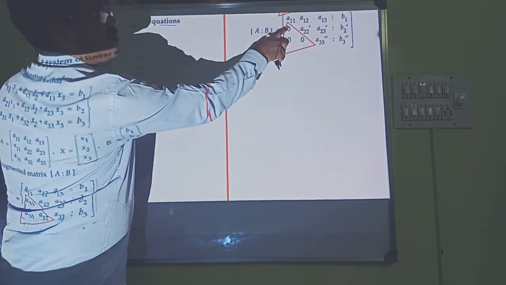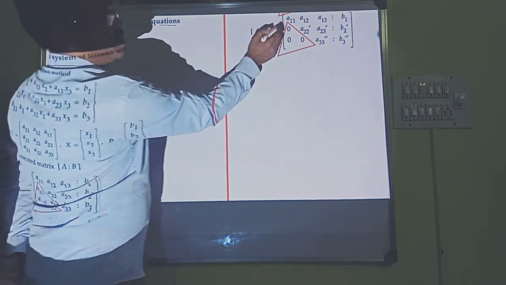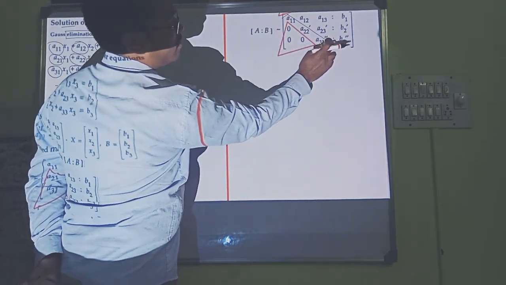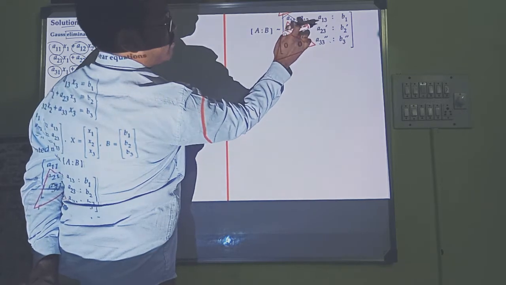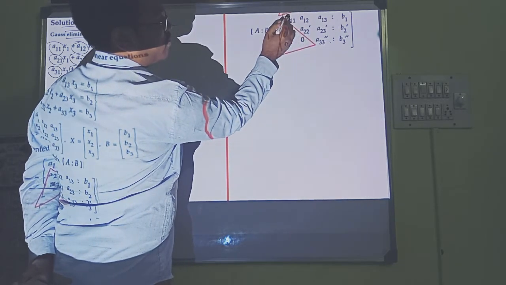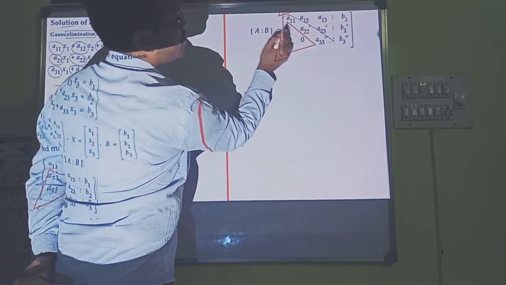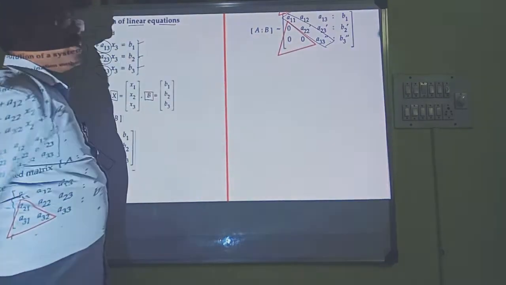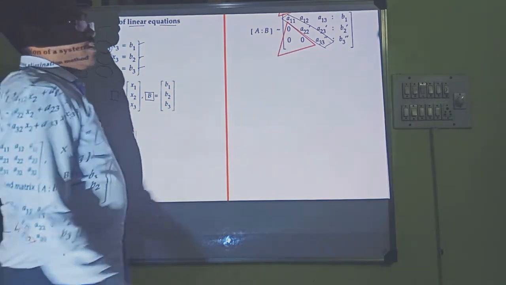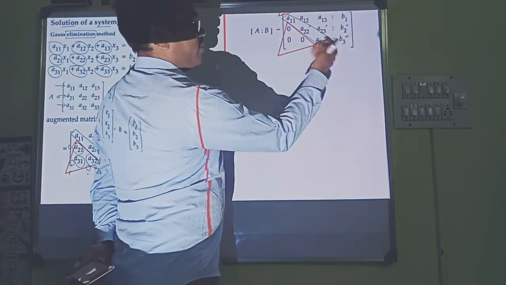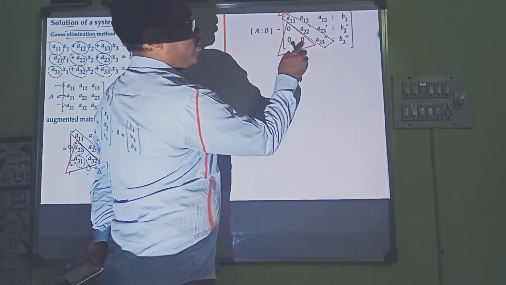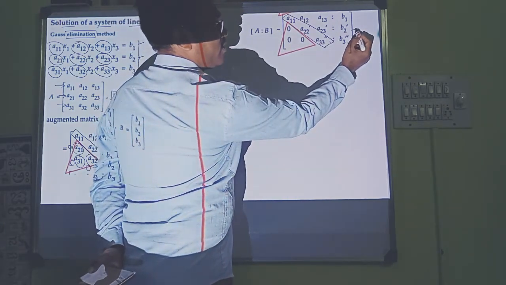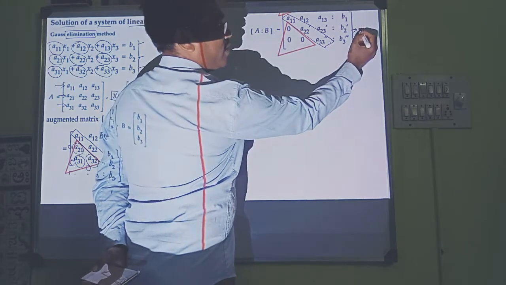You can observe, all the elements below the principal diagonal have become 0. After making the lower triangular elements 0, the next step is we convert this matrix back in terms of equations.